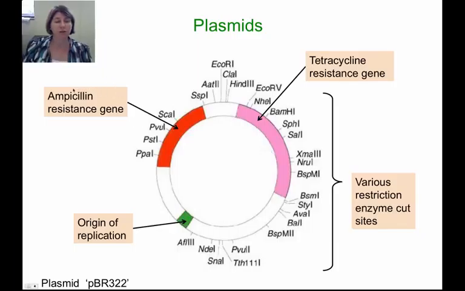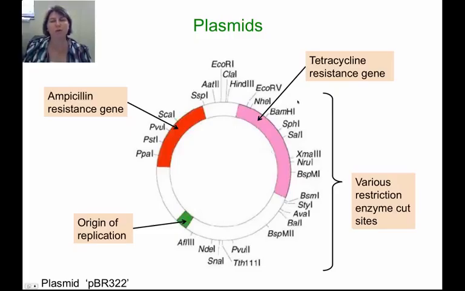We have also, in this case, two antibiotic resistance genes, an ampicillin resistance gene and a tetracycline resistance gene. And then what we can see here is that we have a whole lot of restriction enzyme recognition sites, including, if you look here, HindIII. Okay, so these are nucleotide sequences which are recognised by a suite of different restriction enzymes.